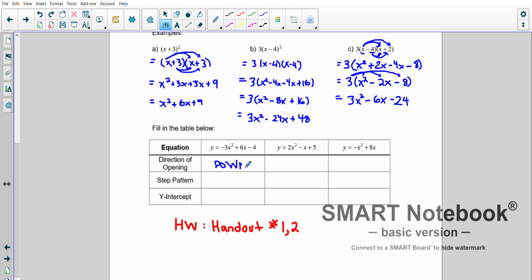Down. I also know the step pattern is going to be negative 3, negative 9, negative 15. I got that, again, by multiplying this a value by 1, 3, 5. And then the y-intercept is going to be that last value. It's going to be 0, negative 4.